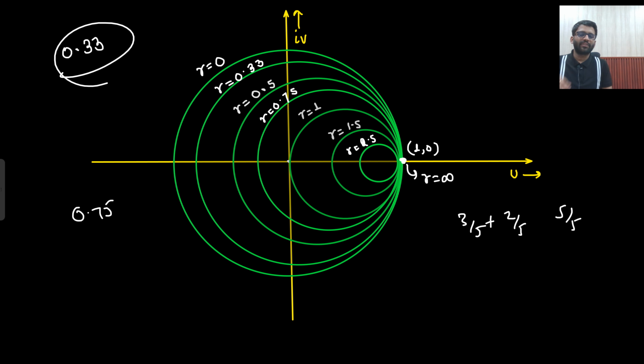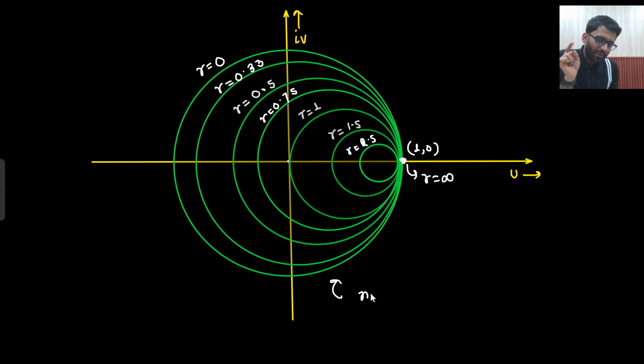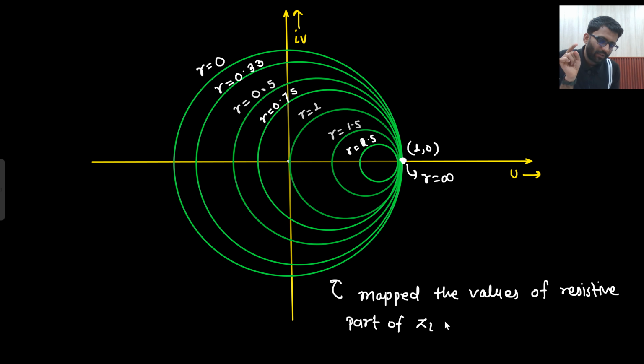Did you understand these equations of circle? Very easy it is. Simple mathematics. So these are the equations of circle. What we have done here is mapped the values of the resistive part of ZL dash. What is ZL dash?